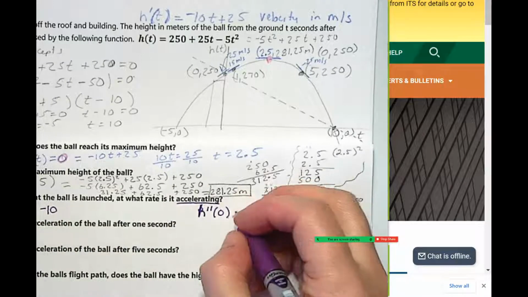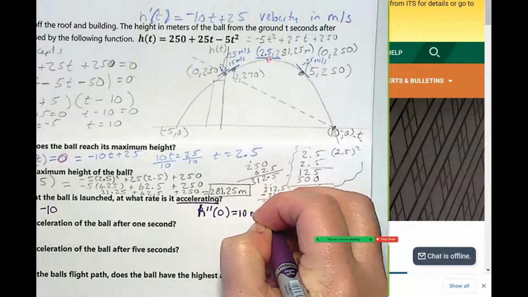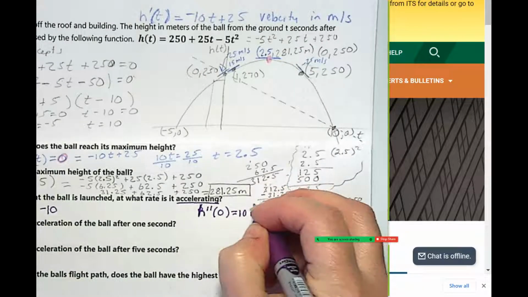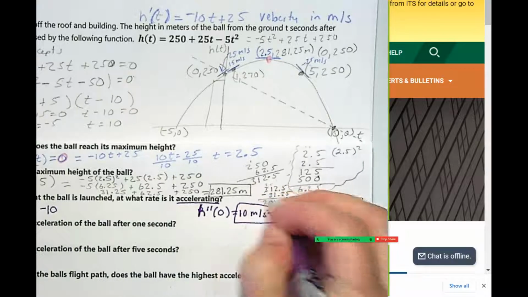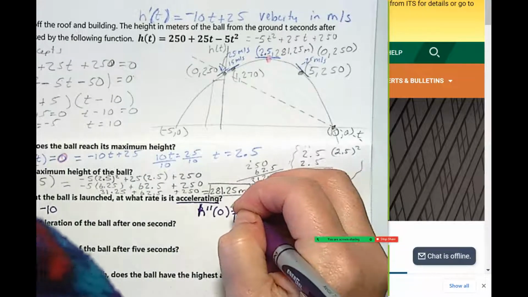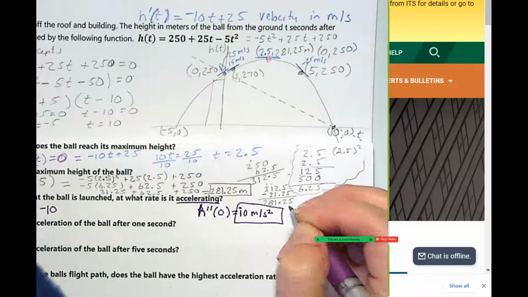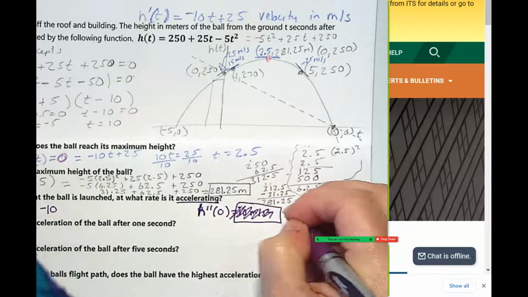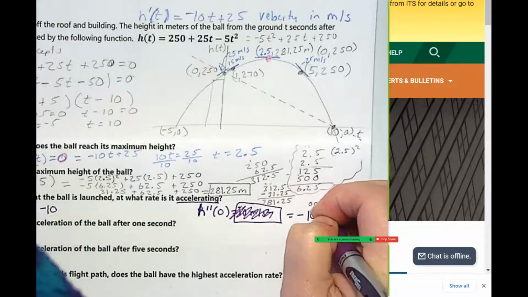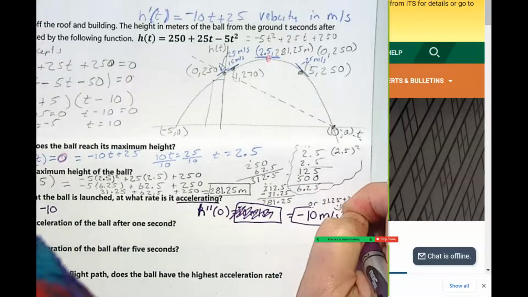So equals negative 10 meters per second squared. I'll white that out before I scan it for you guys.